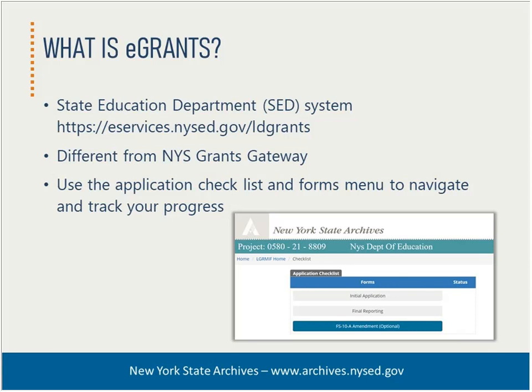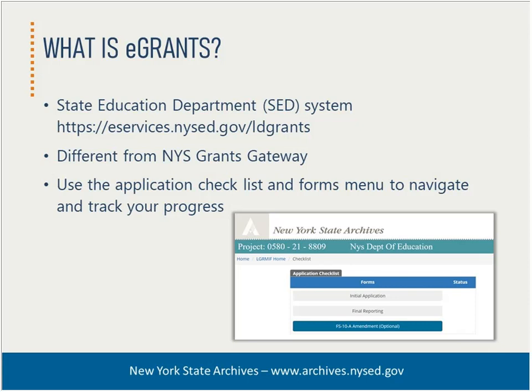The application checklist and forms menu in eGrants are designed to help you navigate the system and to assist you in accessing these forms that are required for your specific project. Additionally, the checklist allows you to monitor your progress in completing the application and the project. The application checklist includes links to the initial application, the final reporting, and the FS10A amendment.